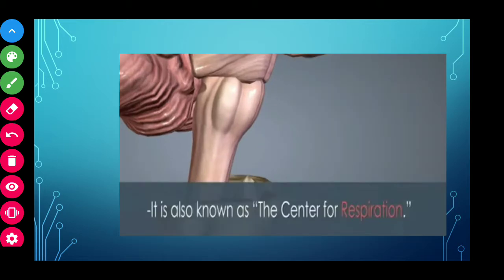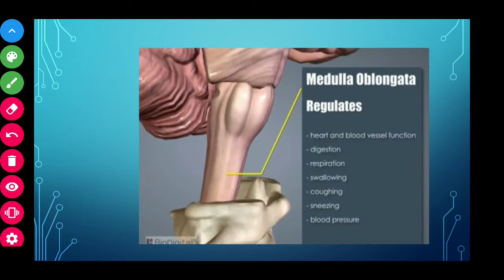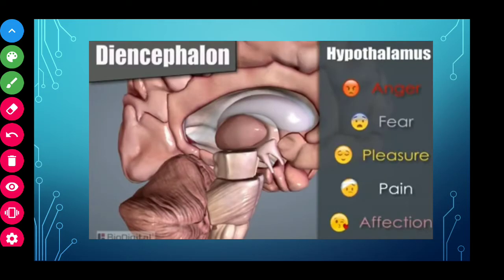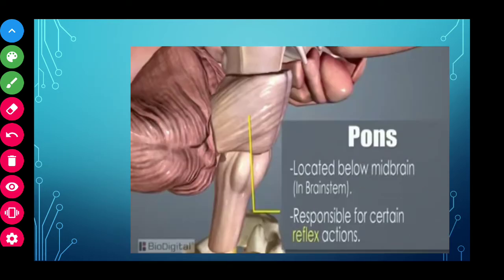It is also known as the center for respiration. So we have seen midbrain, pons and medulla oblongata.